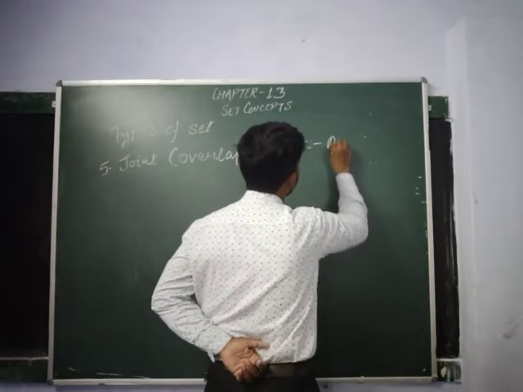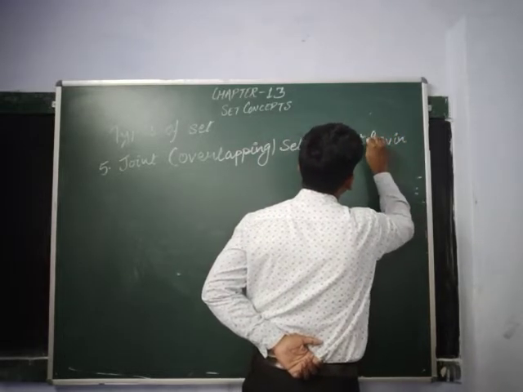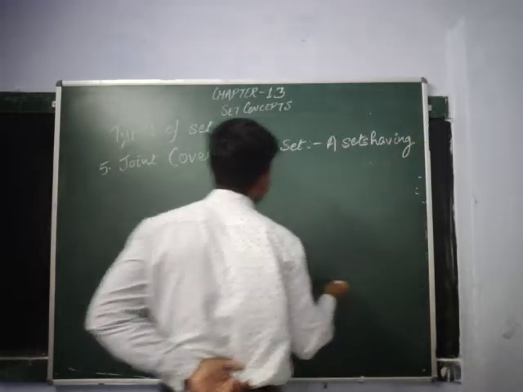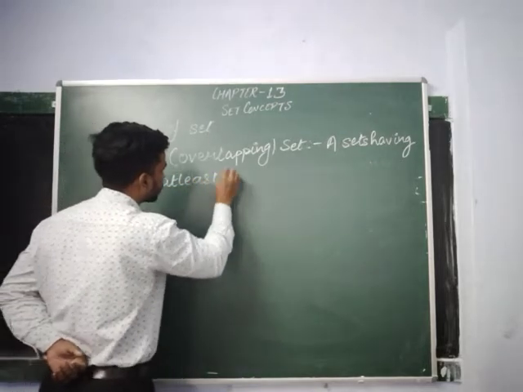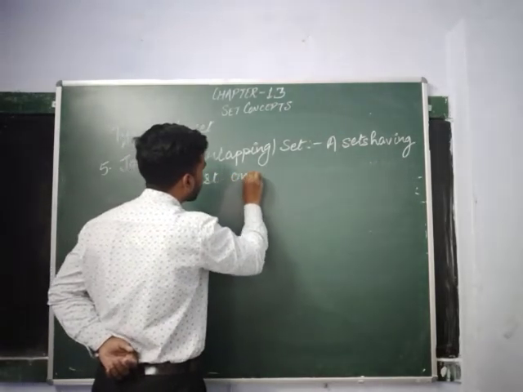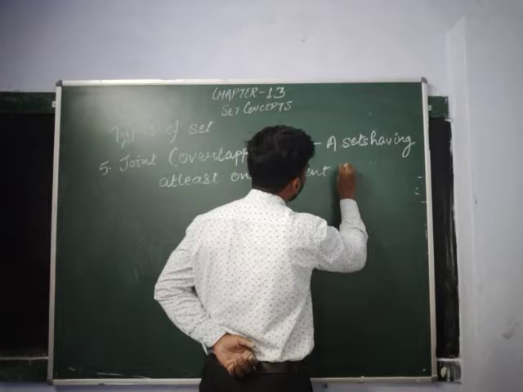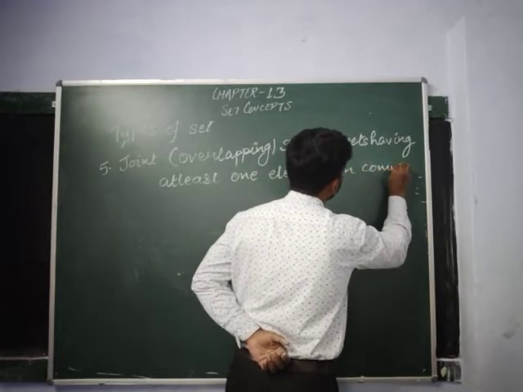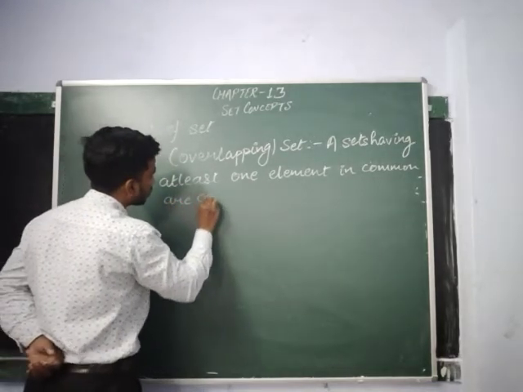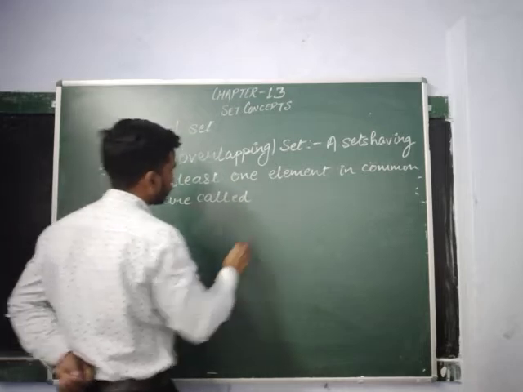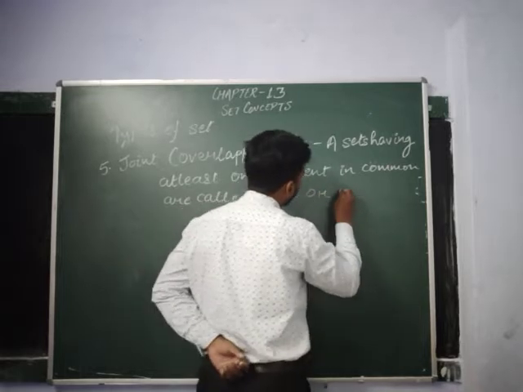This is defined as sets having at least one element in common are called joint or overlapping sets.